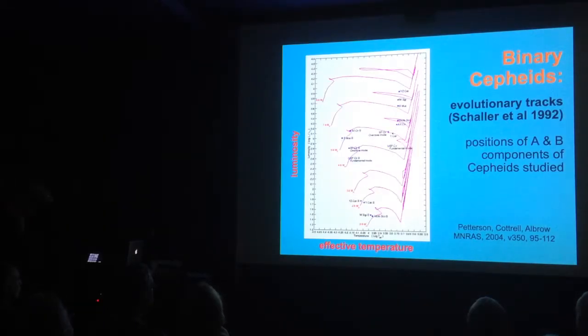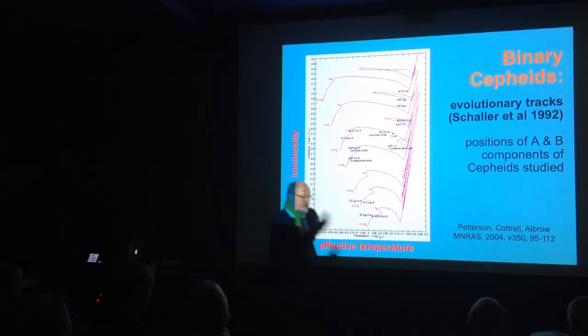Alright, so that was just looking at single Cepheids, and then Orland did his PhD with Michael and I, because Michael had come back as an academic at that point. And he was looking at binary Cepheids, and they're interesting because you have a Cepheid pulsating with a partner which is a main sequence star.